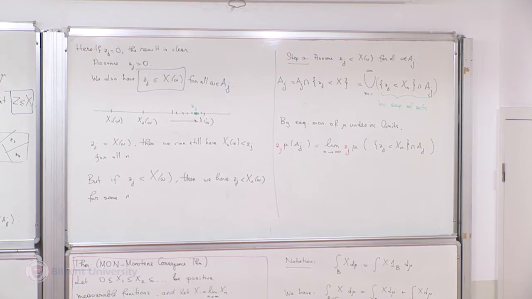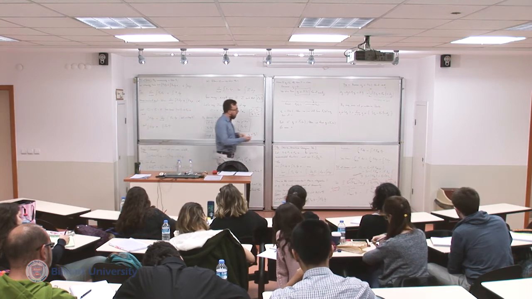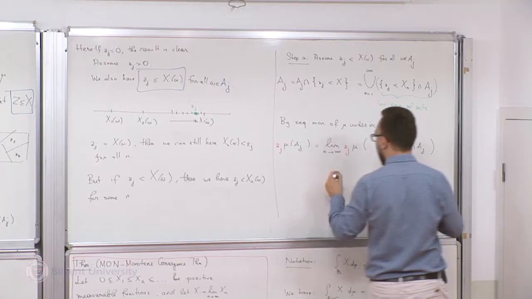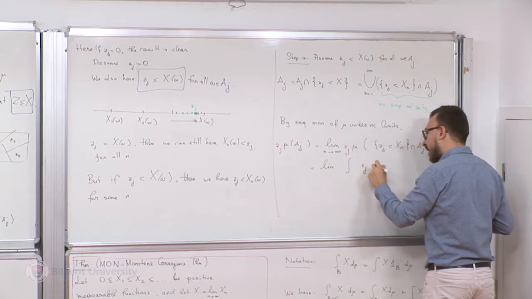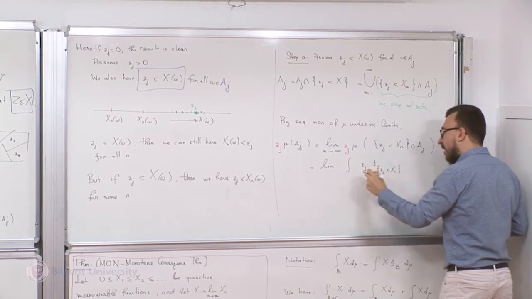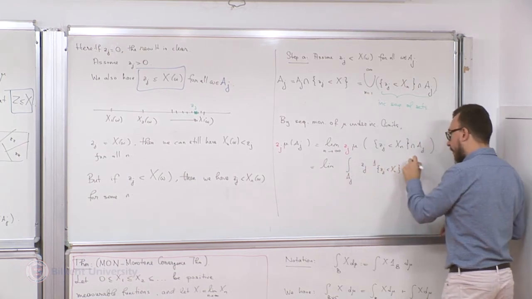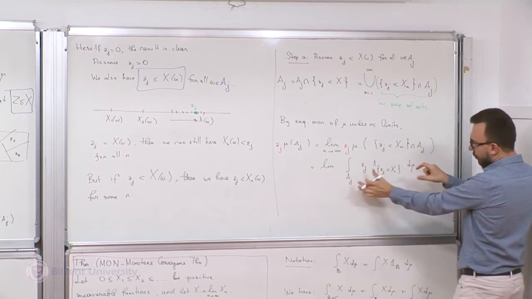So Zj times mu of something looks like the integral of a simple function, which just takes the value Zj on this region, right? So you can see it as the limit of the integral of Zj, indicator Zj less than xn, on Aj. So I separated two indicators.